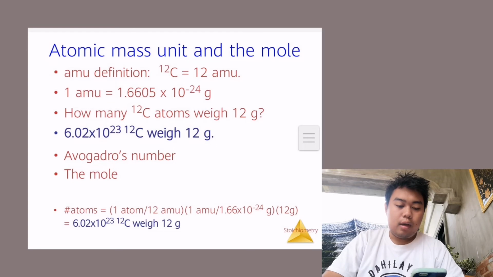And third, Avogadro's number, the mole number. Number of atoms equals 1 atom over 12 AMU times 1 AMU divided by 1.66 times 10 to the minus 24 grams times 12 equals 6.02 times 10 to the 23. Carbon-12 atoms weigh 12 grams.